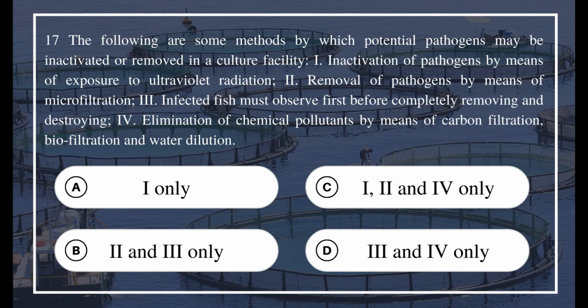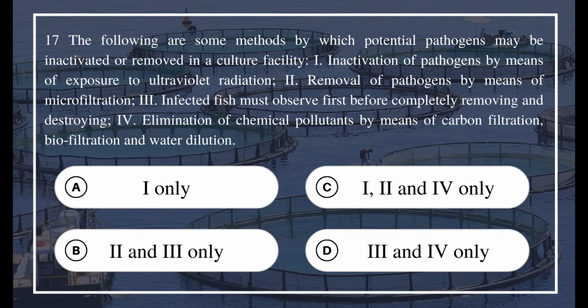17. The following are some methods by which potential pathogens may be inactivated or removed in a culture facility. 1. Inactivation of pathogens by means of exposure to ultraviolet radiation. 2. Removal of pathogens by means of microfiltration. 3.